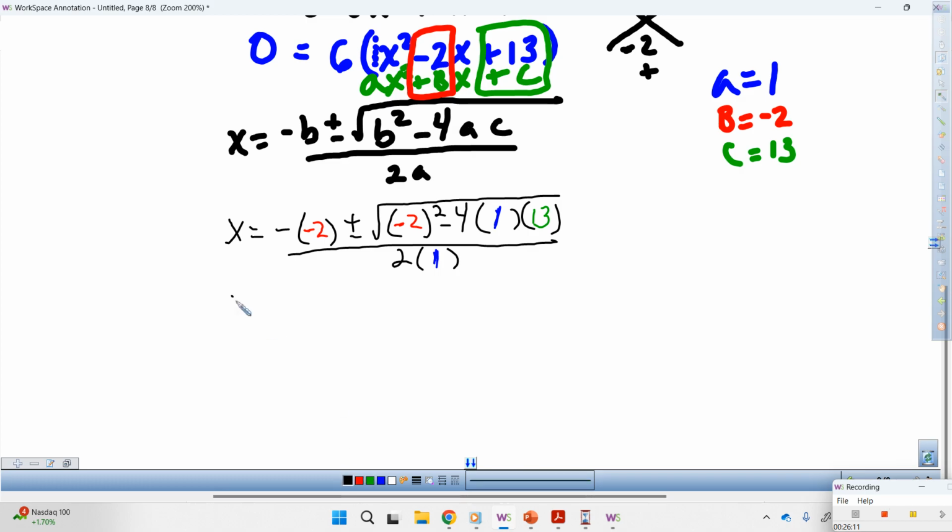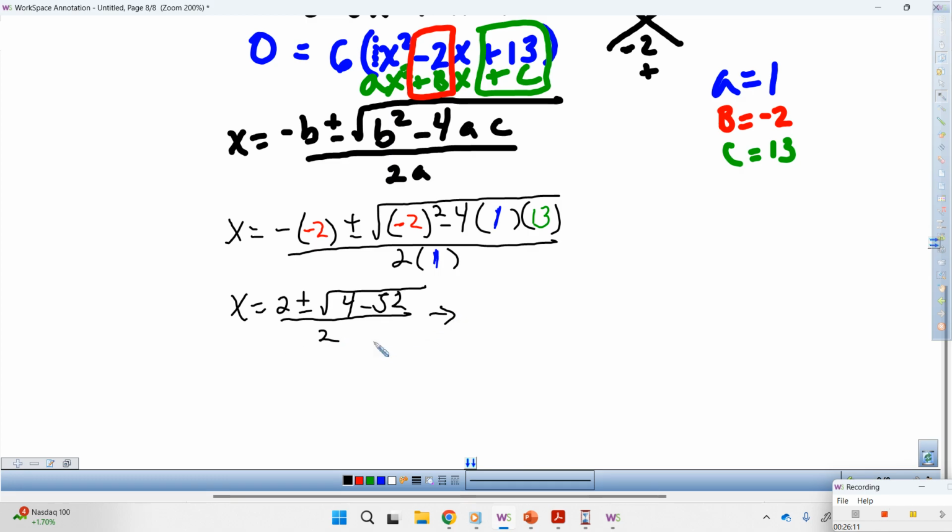All right, let's simplify. x equals negative times a negative is a positive 2. Negative 2 squared is 4. Negative 4 times 1 is negative 4 times 13. That's negative 52. Is that correct? All right. Over 2.